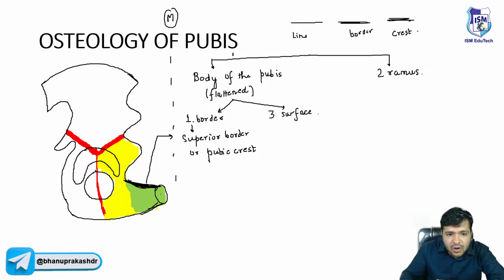So this superior border is going laterally and forming a tubercle, and that tubercle is called the pubic tubercle. So it is the pubic crest which ends laterally by the pubic tubercle.